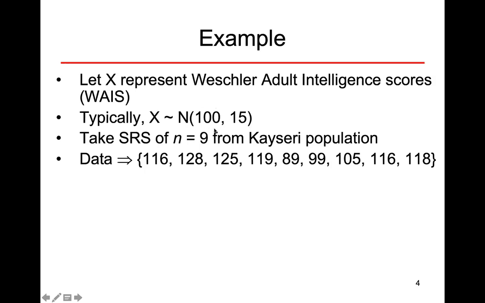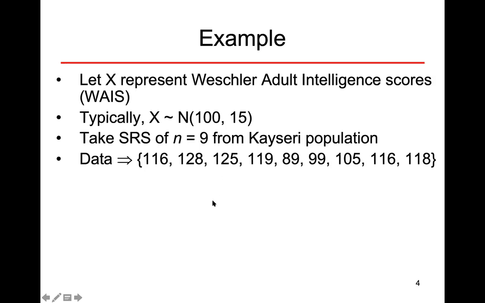This is the mean of the population. This is the standard deviation of the population. We take 9 people from Kayseri, and these are the IQ levels of people from Kayseri. Let's say this is a randomly sampled group, and we are trying to find out if this data is coming from this distribution.